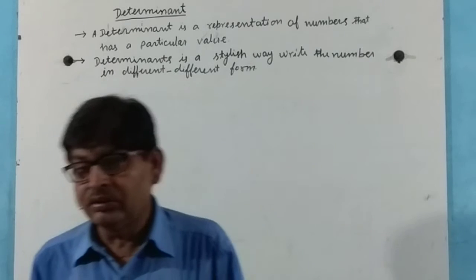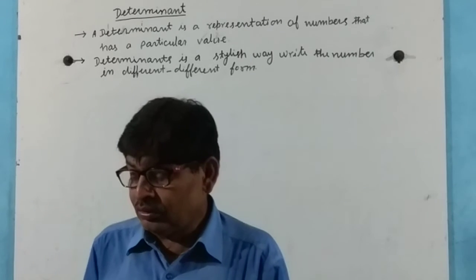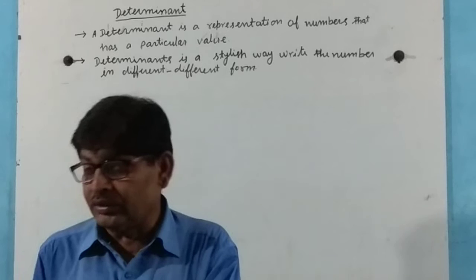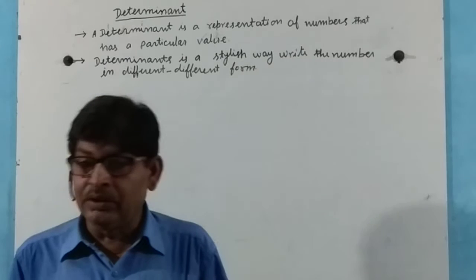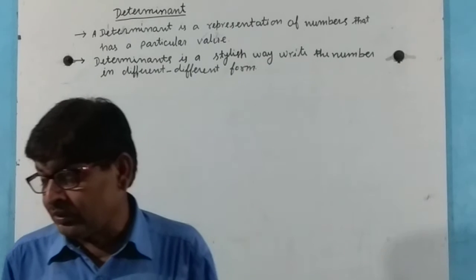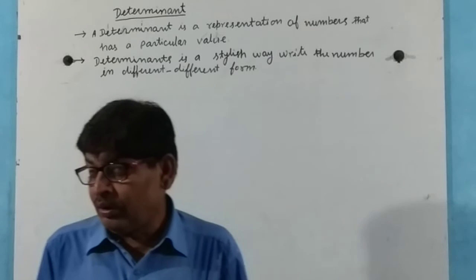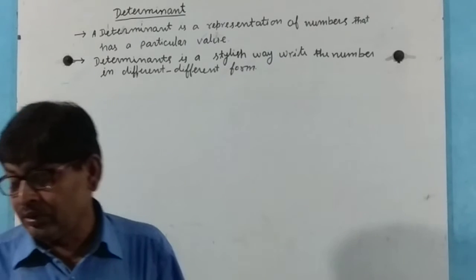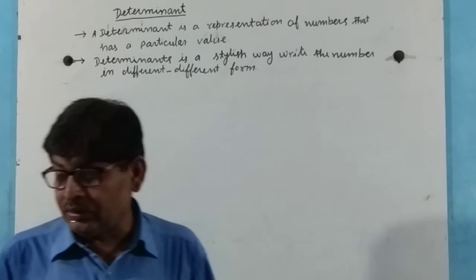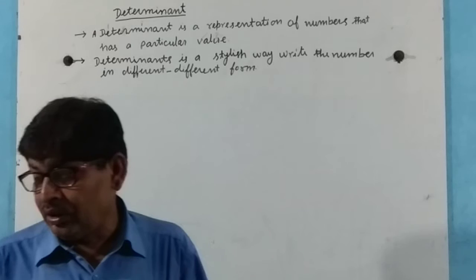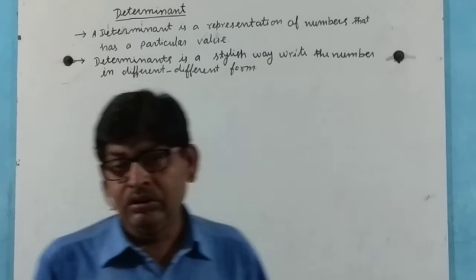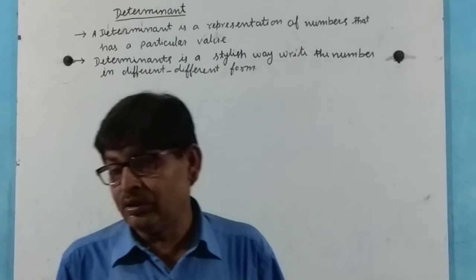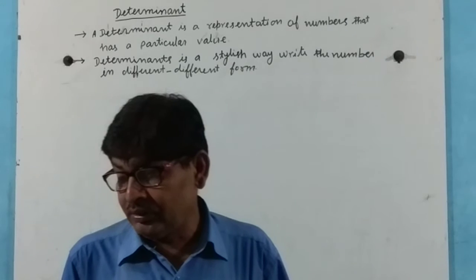After that, we discuss the minor of a determinant, the cofactor of a determinant, and the properties of determinants, the area of a triangle, and how to calculate the inverse matrix.